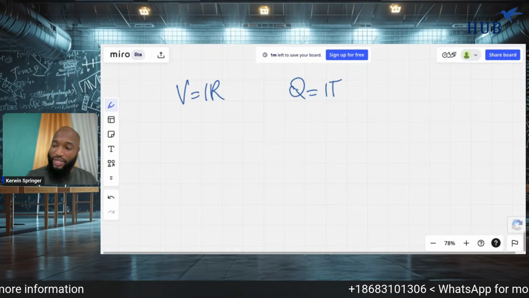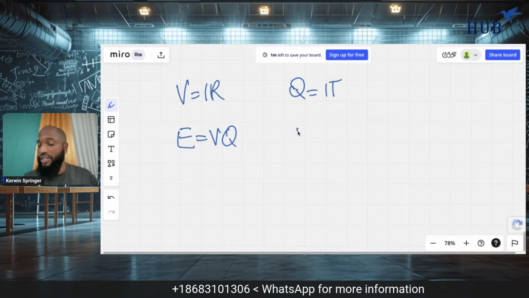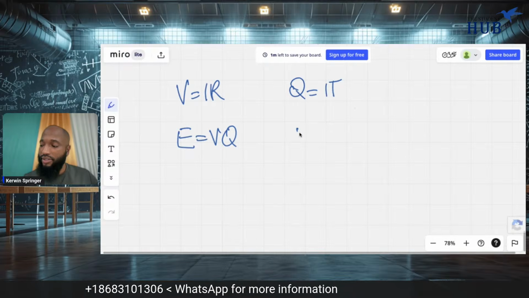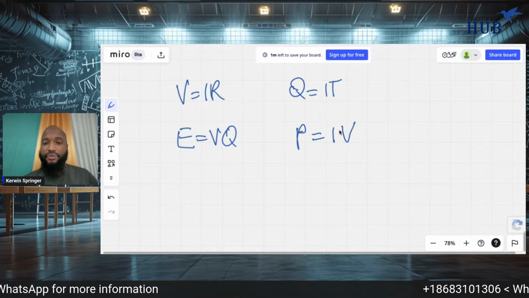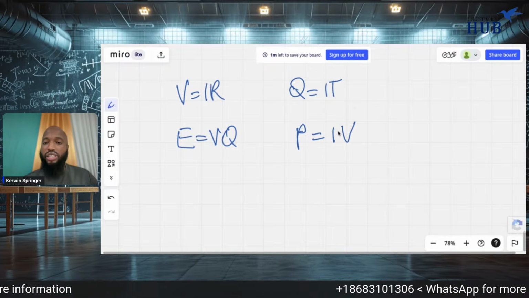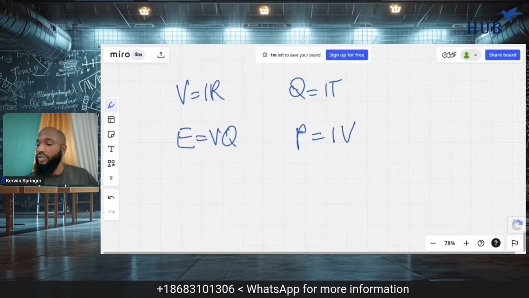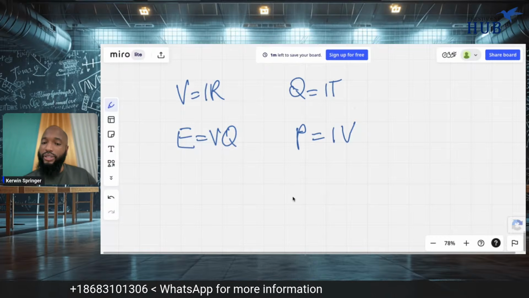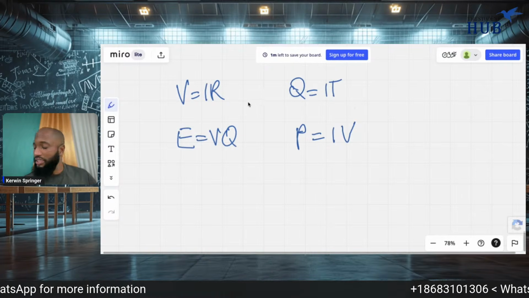Look, they're giving me them in the chat. E equal VQ. V equal IR is already there. P is equal to IV. And all the others are just rearranging this. So you can rearrange these in different ways.